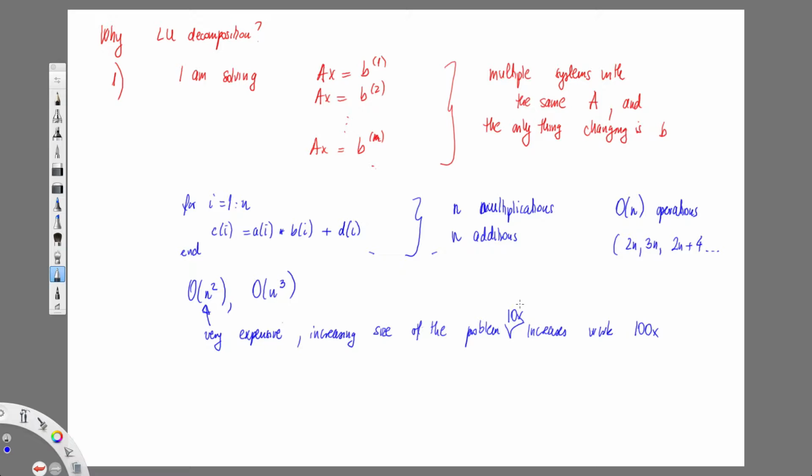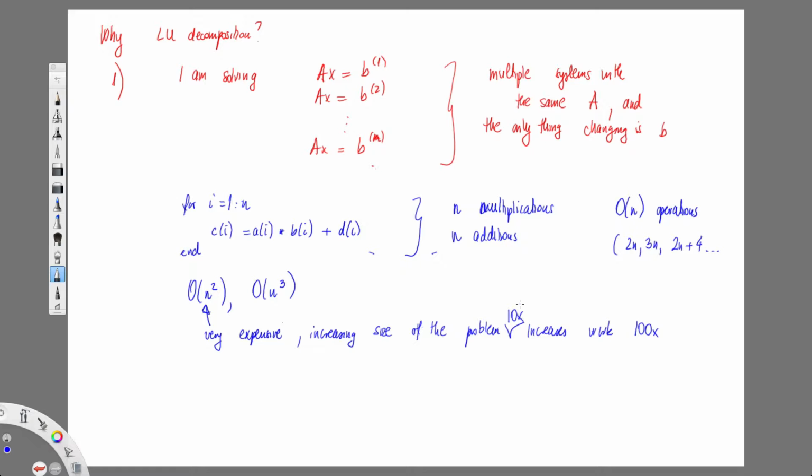And if I have N cubed, then increasing my matrix from 10 by 10 to 100 by 100 increases my workload 1,000 times if the problem is O of N cubed.